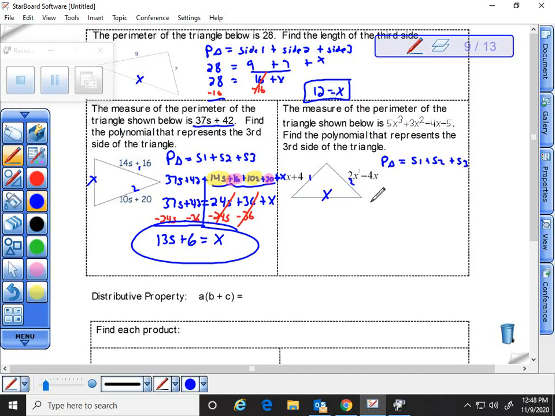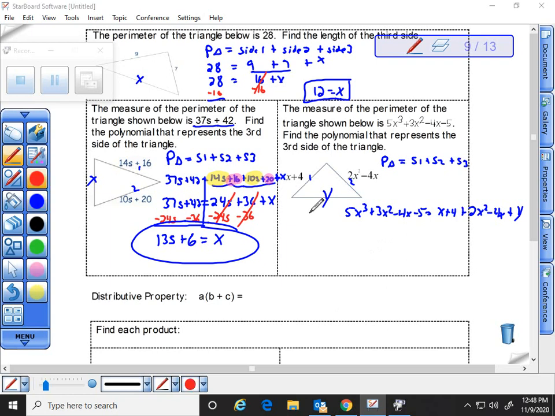So I'm going to have 5x to the third plus 3x squared minus 4x minus 5 equals side 1, which is x plus 4, plus side 2, which looks like 2x squared minus 4x. And this one I better not use x's, maybe I'll use y, plus y. Don't want to use x because we don't know that that side is just a single x or not.